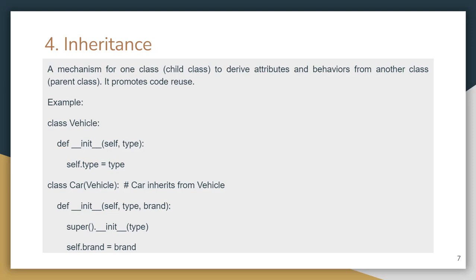Inside the Car class, as a parameter we pass Vehicle. Whenever we write class Car(Vehicle), it means Vehicle is the parent class and Car is the child class. That is, the Car class inherits the behavior, attributes or methods of the Vehicle class. Car inherits from Vehicle.